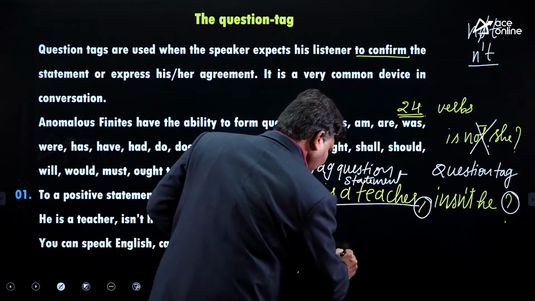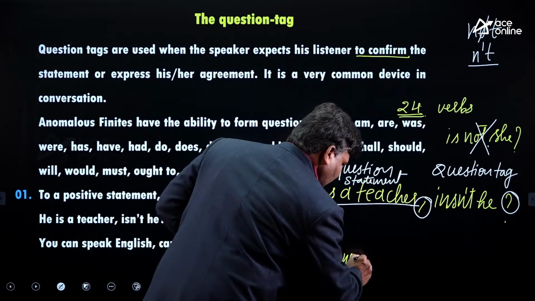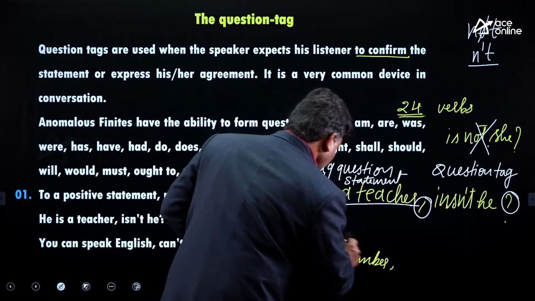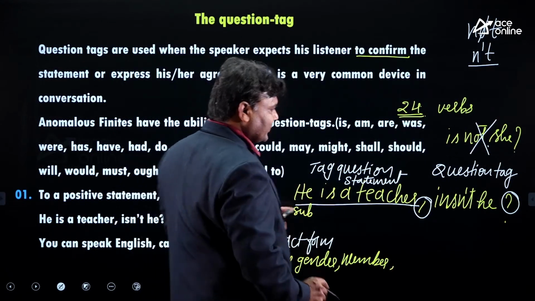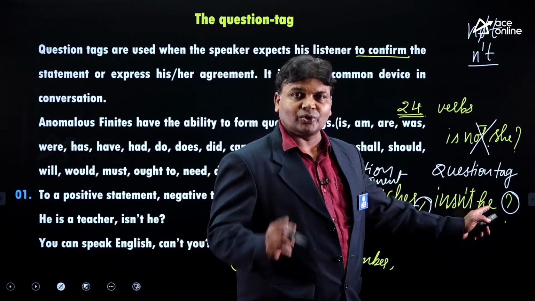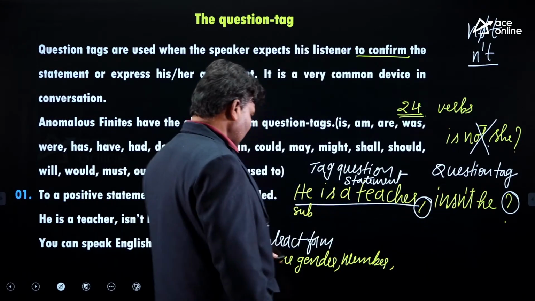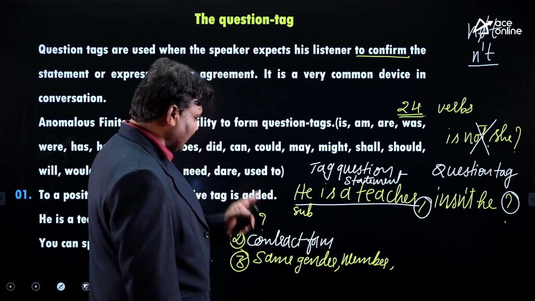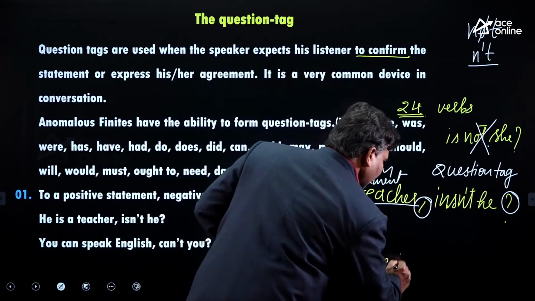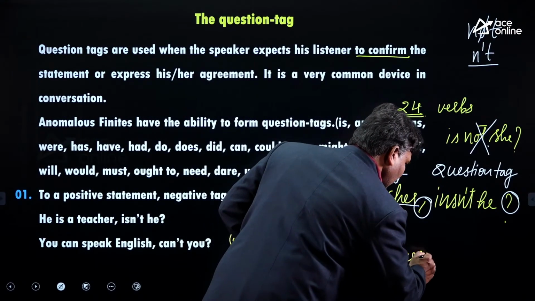And same number. What do you understand by same number? If it is singular, your question tag also will be singular. Same gender, same number, and same person also has to be taken into account.